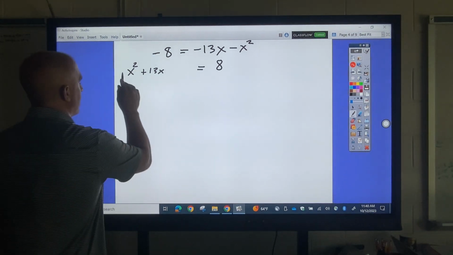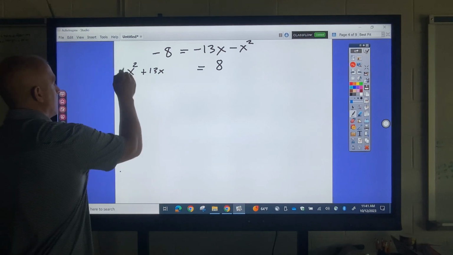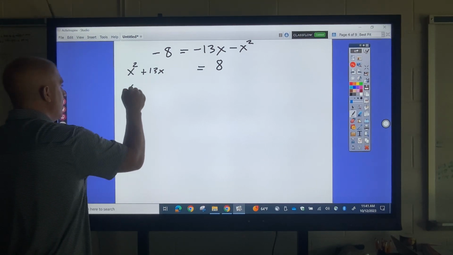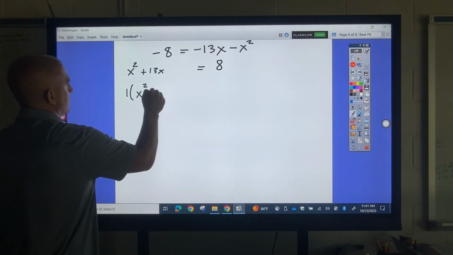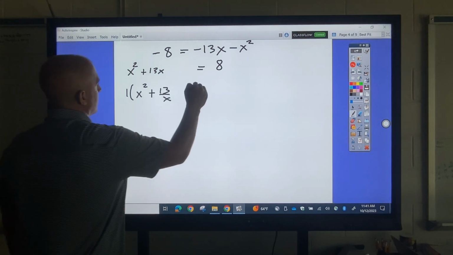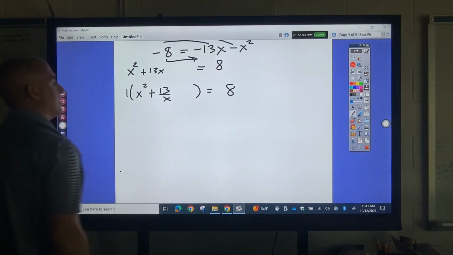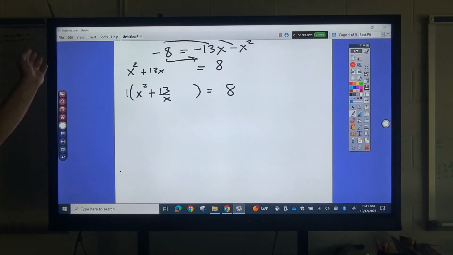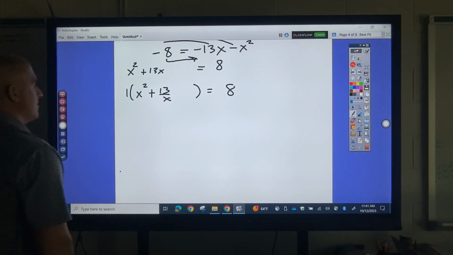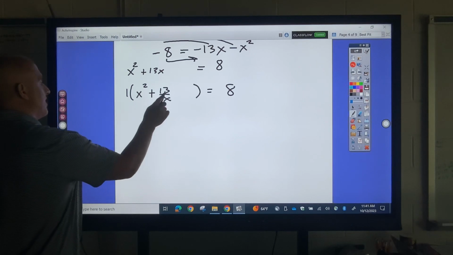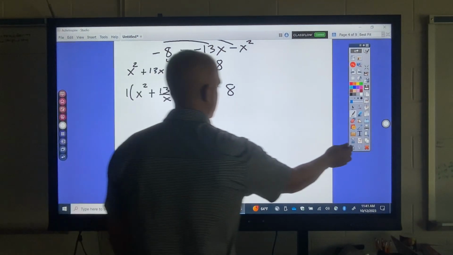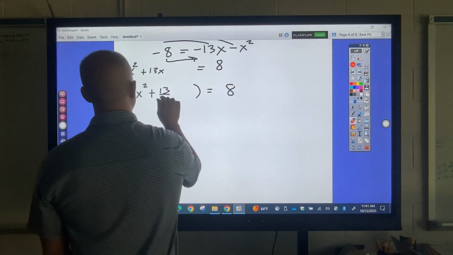And so when I go to complete the square here, I obviously take out a 1: x² + 13x = 8, because I would move this over and move these two things back. I wouldn't mess around with that being on that side. Sorry, that shouldn't be there.